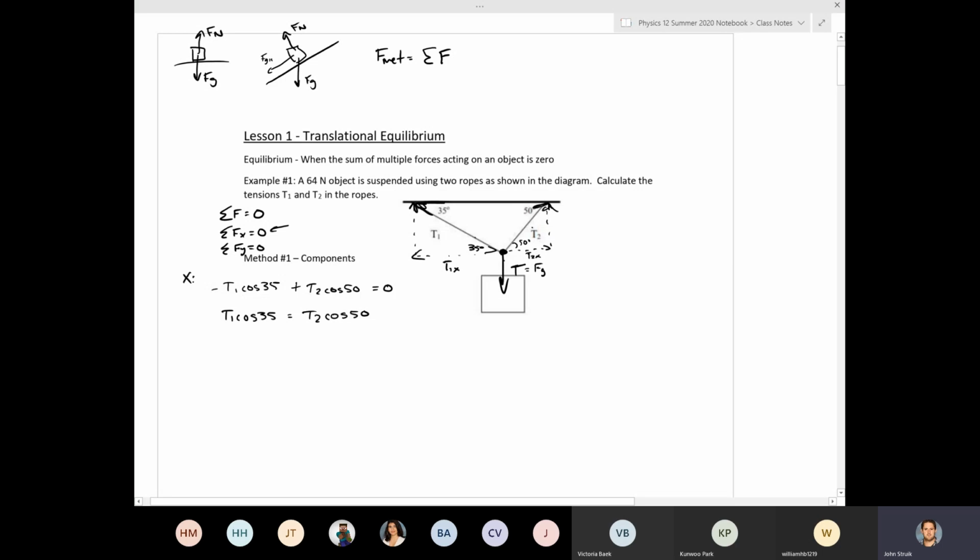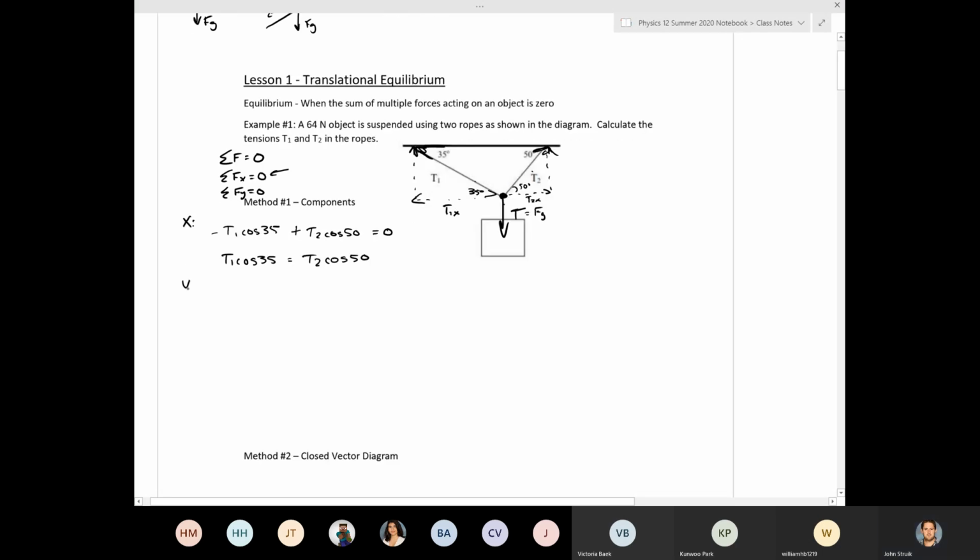For the y direction, what I have is T1y plus T2y, and then my FG. So it's going to look like this: T1y plus T2y, and those are both going up, which is why they're both positive, minus FG equals 0.